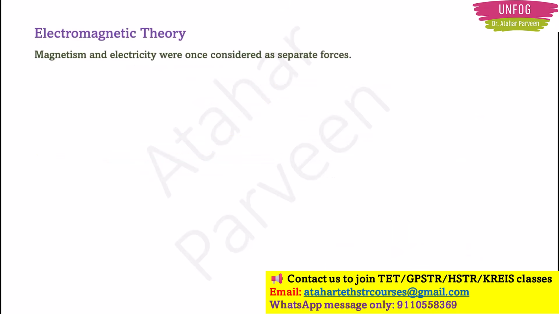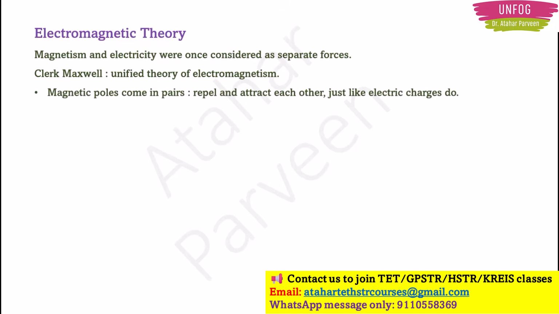Actually, in older days, magnetism and electricity were considered separate forces. No one even imagined that magnetism and electric field together may be moving. That wasn't in anyone's imagination. But then the electromagnetic theory came, which was given by Clerk Maxwell. He gave this unified theory. He told that there are magnetic poles which come in pairs, like the electron and proton, or the positive charge and the negative charge.